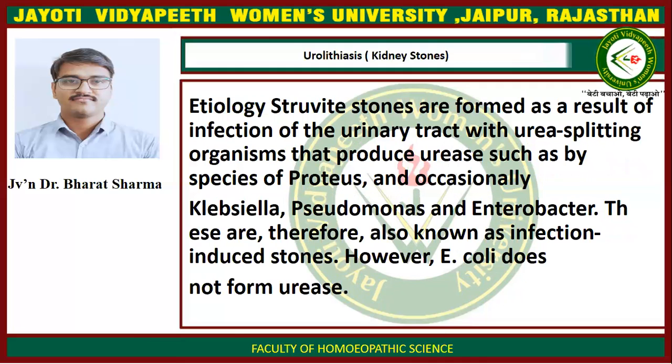Etiology: struvite stones are formed as a result of infection of the urinary tract with urea-splitting organisms that produce urease, such as by species of Proteus and occasionally Klebsiella, Pseudomonas, and Enterobacter. These are therefore also known as infection-induced stone. However, E. coli does not form urease.